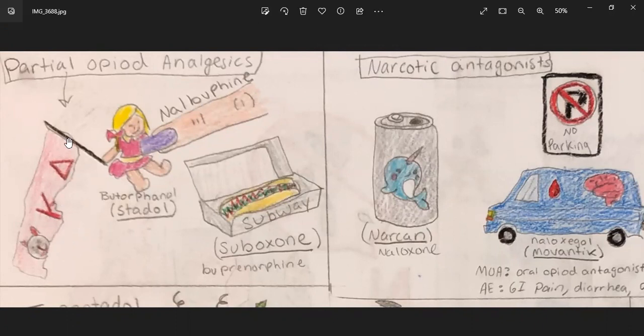So that's why we had a partial sorority flag that had a cat that said meow for mu, and then a K for kappa, and the delta symbol. So they're partial opioid receptor agonists. And then that's for buprenorphine. So just reading from my notes, adverse effects are headache, insomnia, and withdrawal syndrome. None of those are shown in this picture.